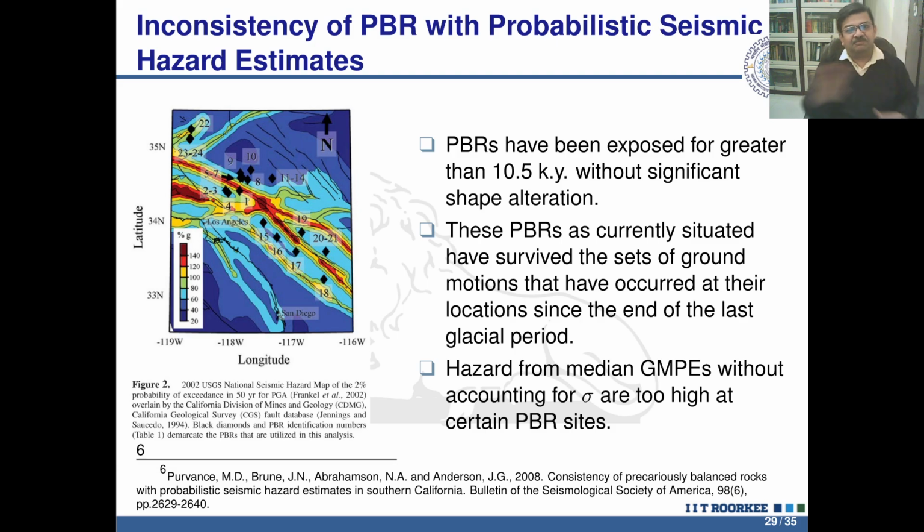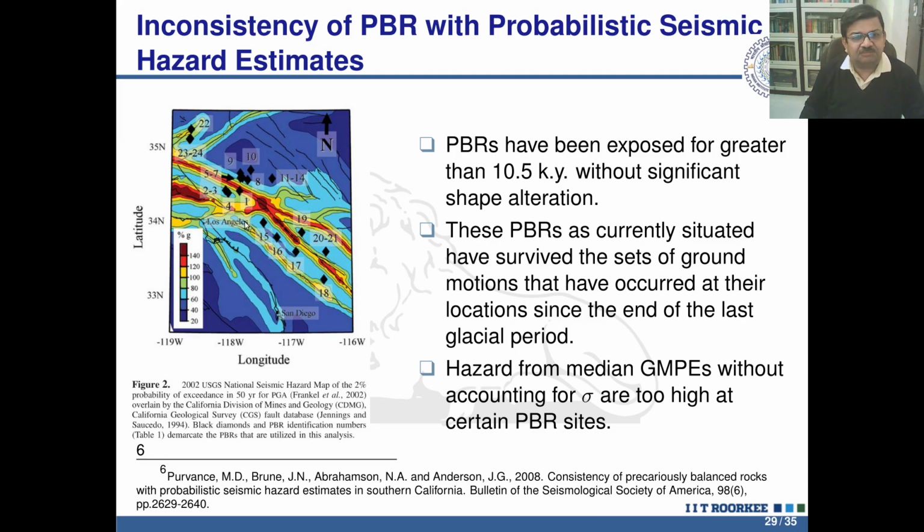And then they plotted these black diamonds, which are similar precariously balanced rocks, on the 2008 PSHA-based seismic hazard map of USGS.